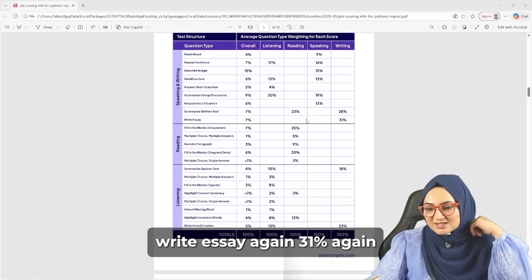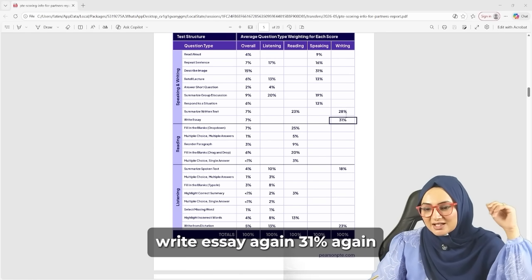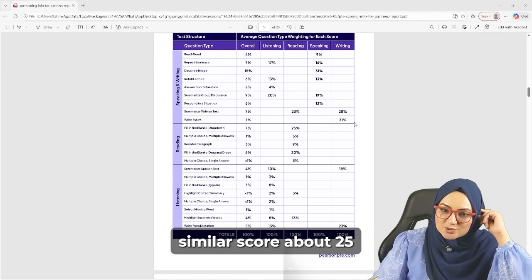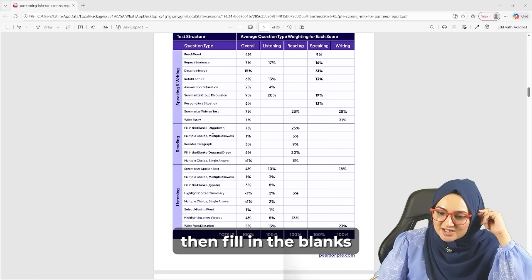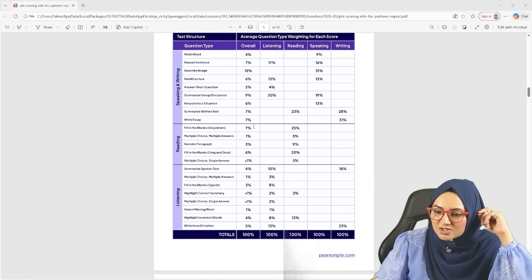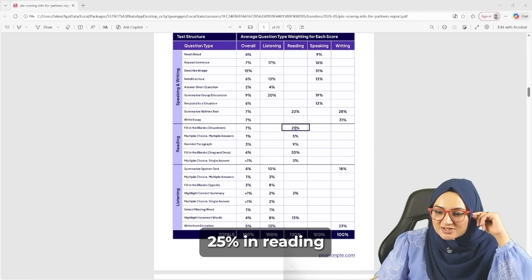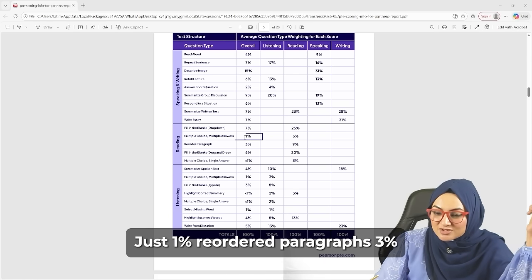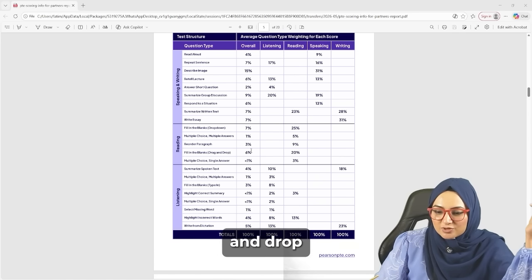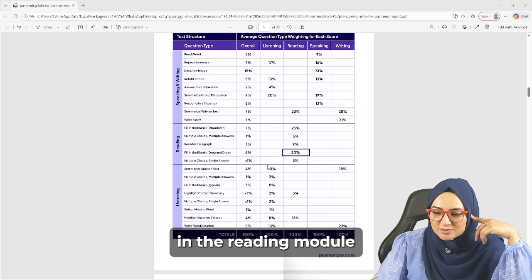Then write essay, again 31%, a similar score, about 25 to 27 marks from the essay. Then fill in the blanks drop down, which is contributing 25% in reading, 7% overall. Multiple choice, multiple answers, just 1%. Reorder paragraphs, 3%. Fill in the blanks drag and drop, 6%, but 20% in the reading module.